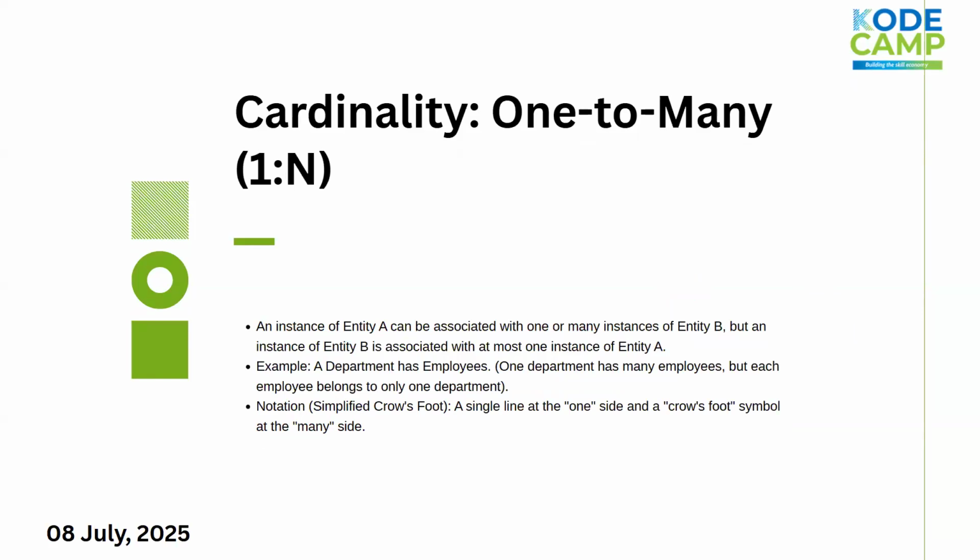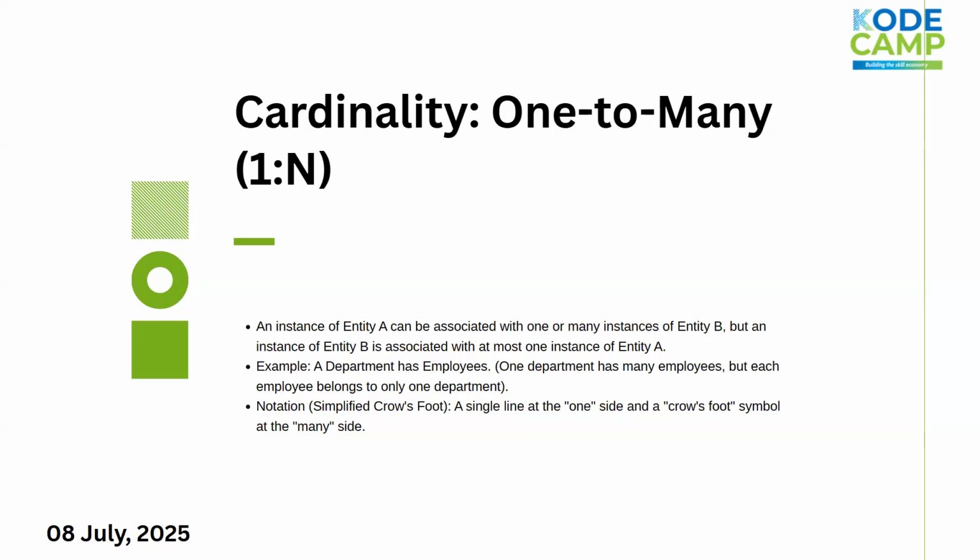One instance of entity A can be associated with one or many instances of entity B. Or if you are looking at it from the B side, an instance of entity B is associated with at most one instance of entity A.